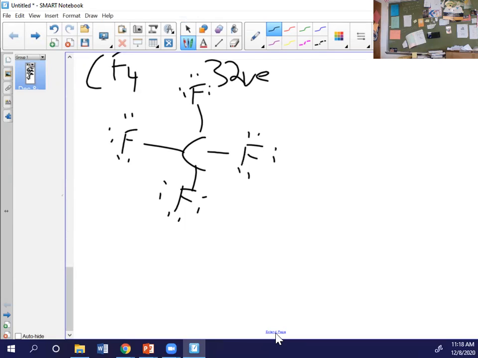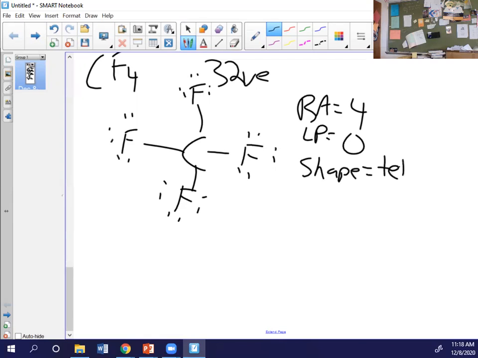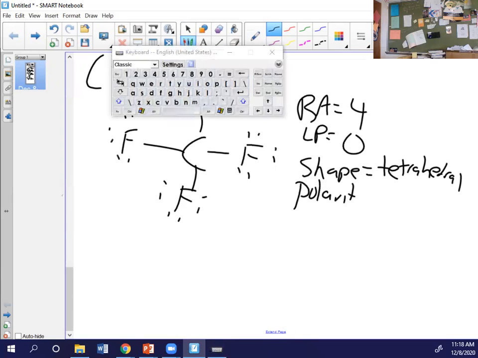Atoms bonded: four. Lone pairs: zero. We're looking at the central atom. Shape: tetrahedral. Okay, and then polarity, we'll come back to that in just a second.